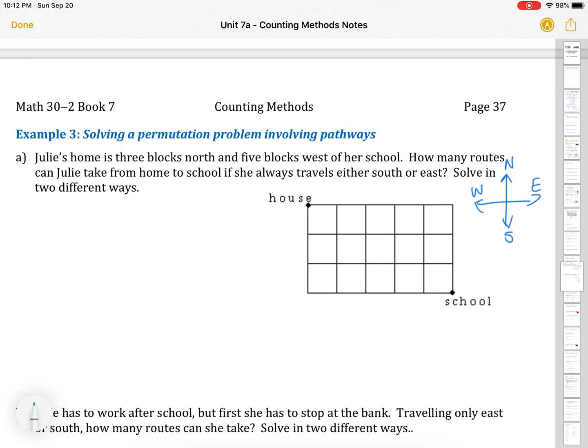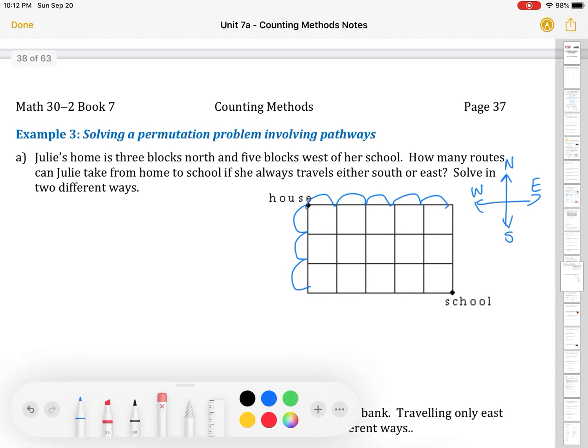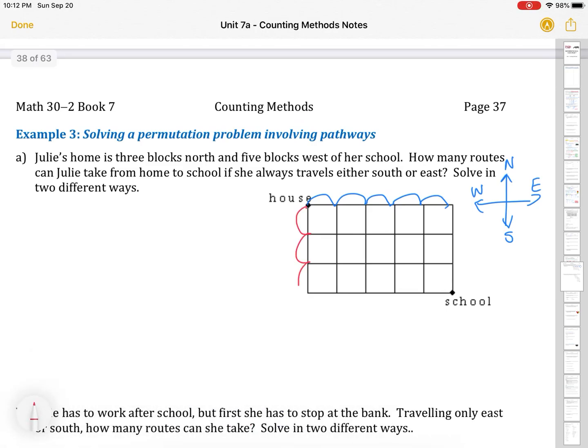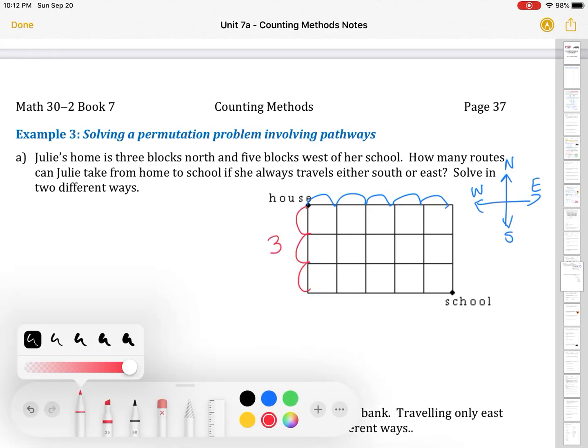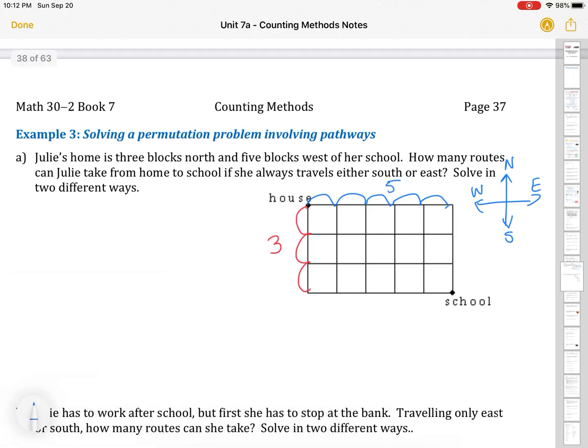So, looking at our map, that's north, that's south, that's west, and that's east. So she has 5 options going east, and she has 3 options going south. So, and I'm going to put south in a different color.